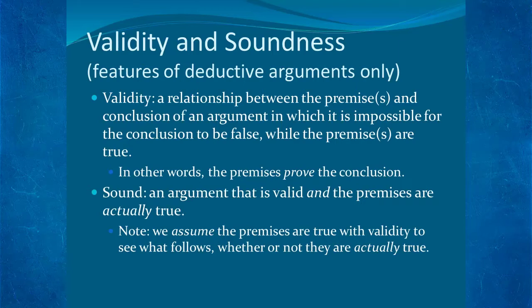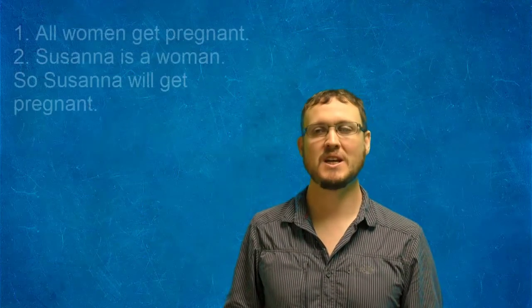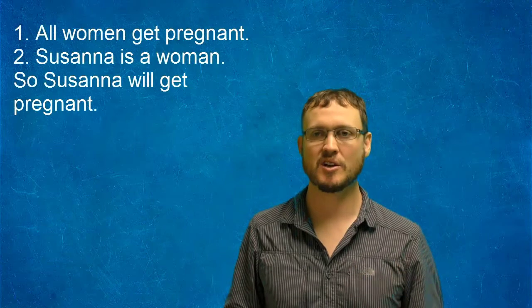If we find that the argument is valid, that the conclusion has to be true if the premises are, then we've completed task number one, and now we move on to task number two, which is, is the logic sound? Are the claims true? So, in other words, the analysis for the argument I just gave you about women getting pregnant would be, it's a valid but unsound argument.